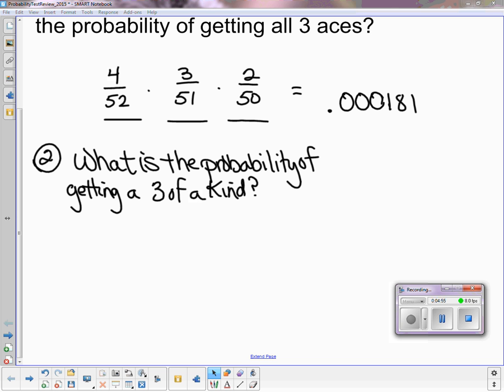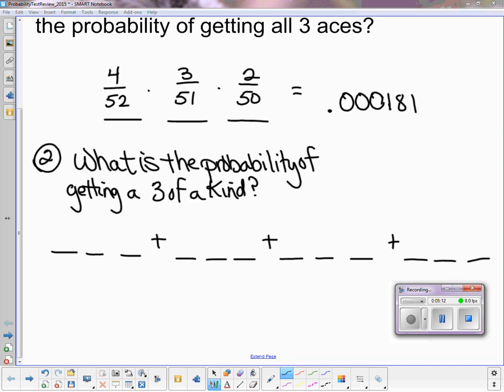Well, I'm going to have 13 groups of slots. I can have that being my 2s, that being my 3s, that being my 4s, that being my 5s, and so on. Do you understand what I'm saying here?